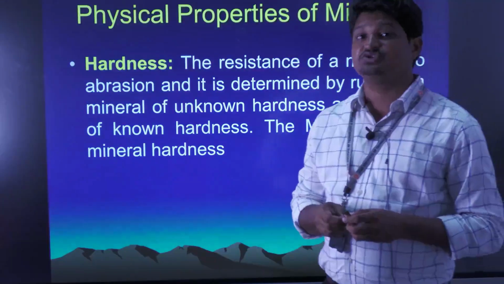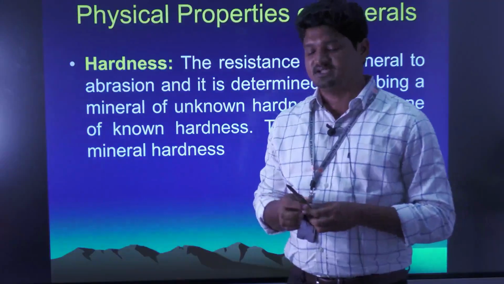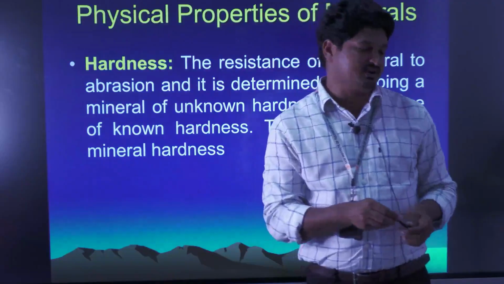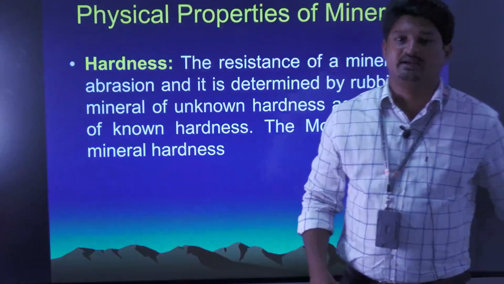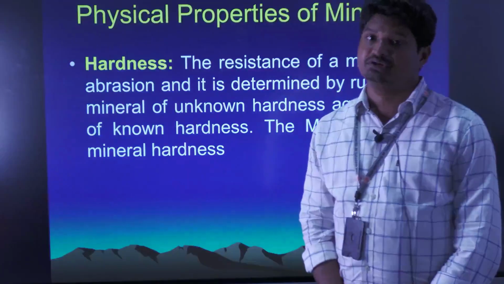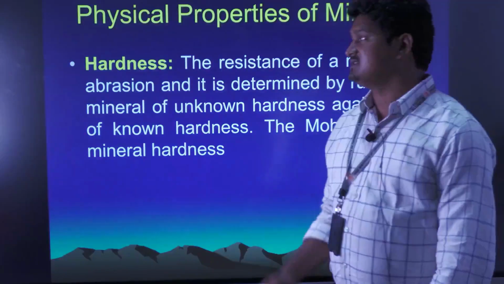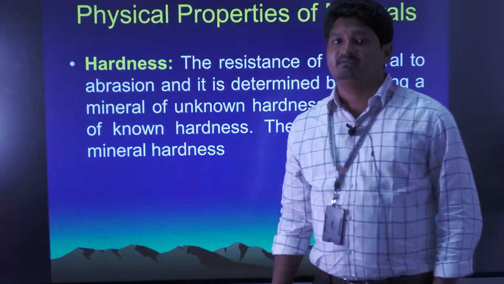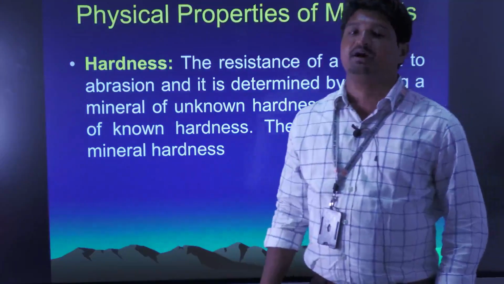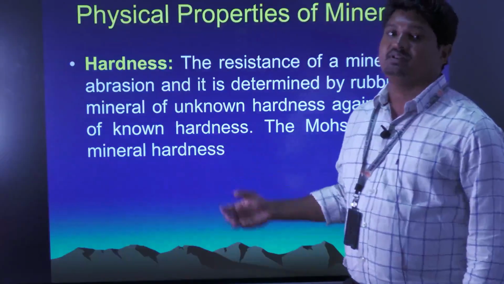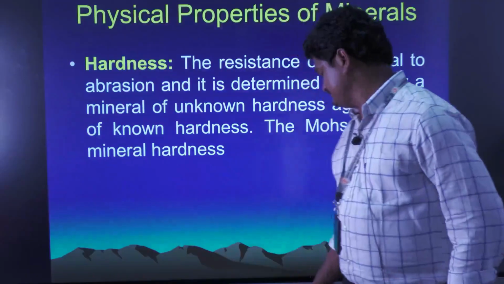For minerals with 6 to 6.5 hardness, we use a knife. Similarly, we use glass-related material for hardness near and above 7. So this is the hardness scale. When identifying minerals, comparing hardness lets us know which mineral is the hardest.